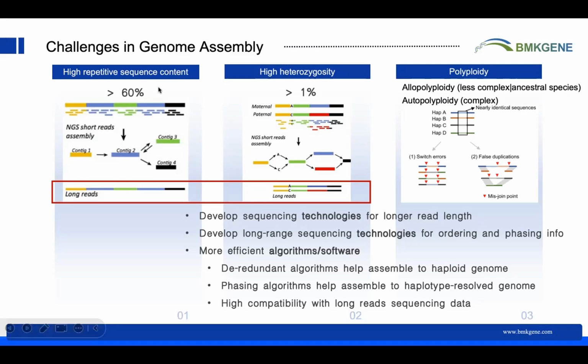Another sequencing technology developed for genome assembly is Hi-C, one of the long-range sequencing technologies. It can capture the interaction between two long-range regions. They are captured and fixed in the tissue state.